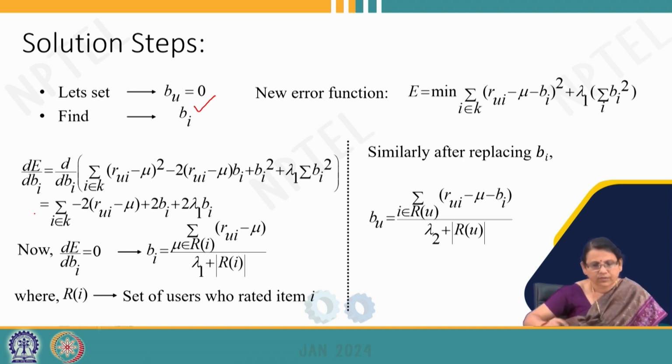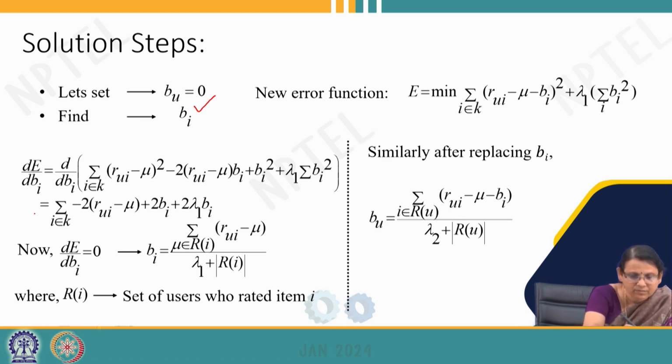So, here actually this would have been the partial derivative. You will be taking the partial derivative with respect to each BI, set them to 0.